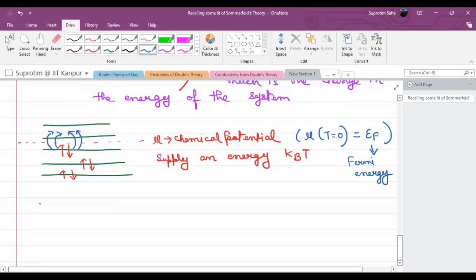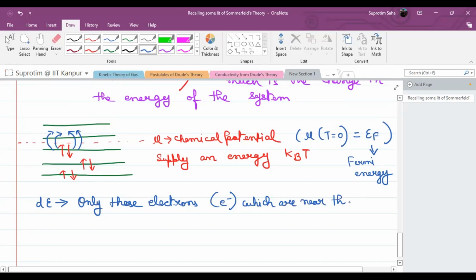So dE, the change in energy, if you increase the temperature of the system by supplying kBT, will be dE. So only those electrons which are near the Fermi energy participate in this excitation.